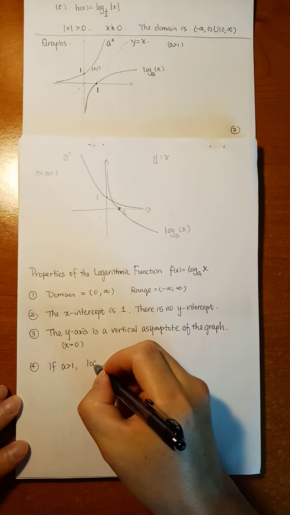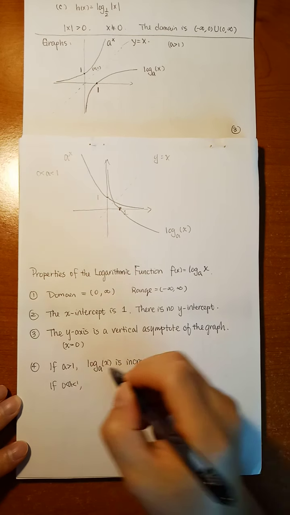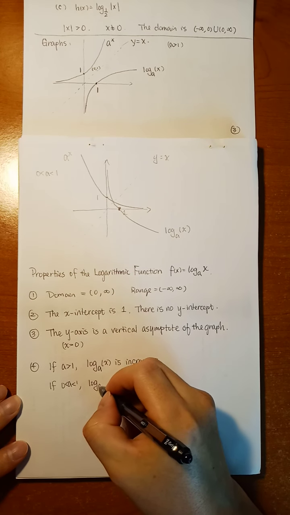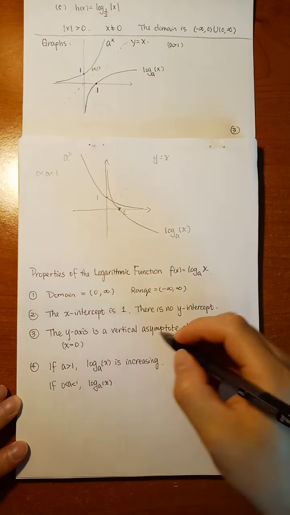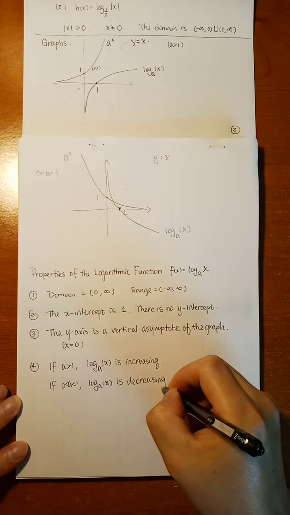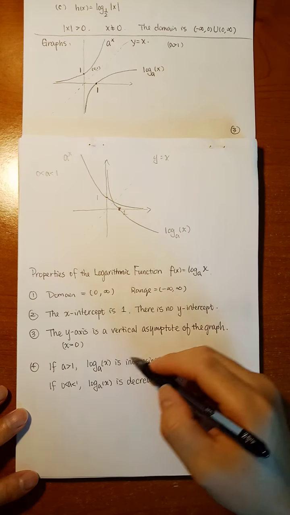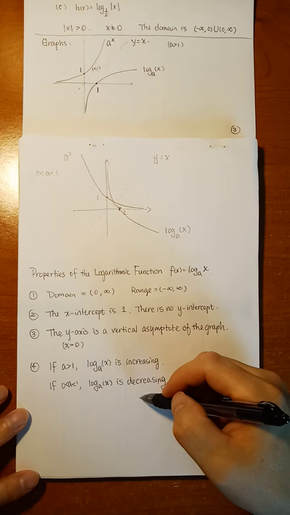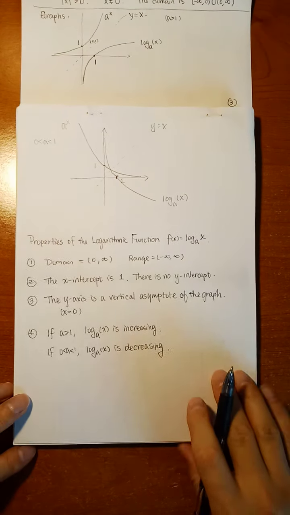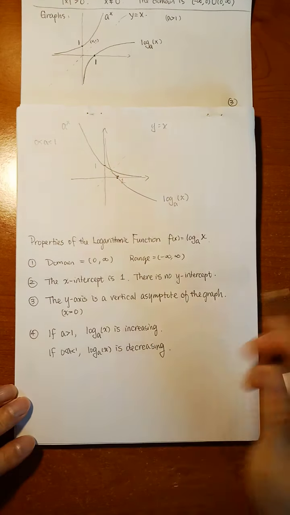If a is between 0 and 1, the logarithm to the base a of x is decreasing. Actually, for the exponential function, when a is greater than 1, it is also increasing. In this case, it's also decreasing. So here we actually have a general conclusion.